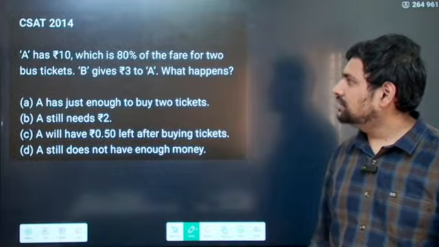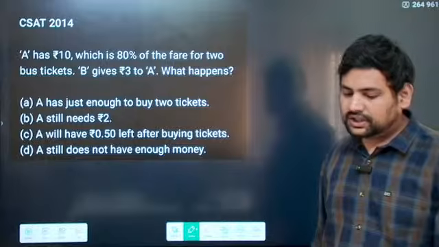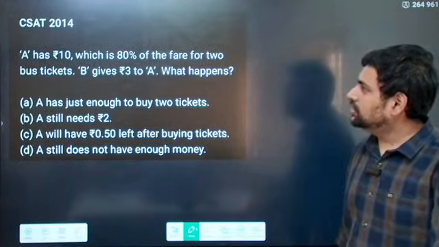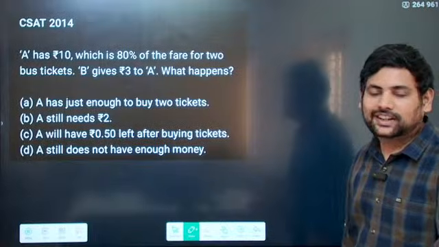A has 10 rupees, which is 80% of the fare for 2 bus tickets. B gives 3 rupees to A. What happens?